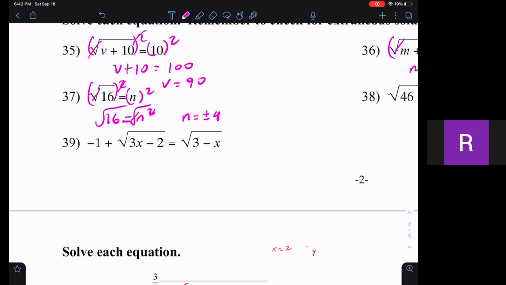However, you need to check for extraneous solutions. So you cannot say that it is negative 4, because we said that this is this, right?